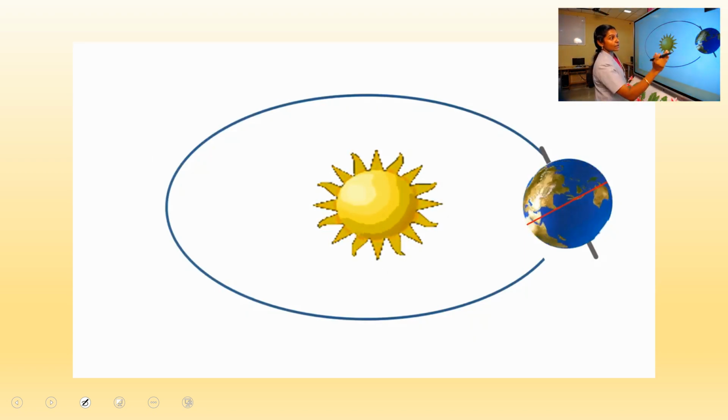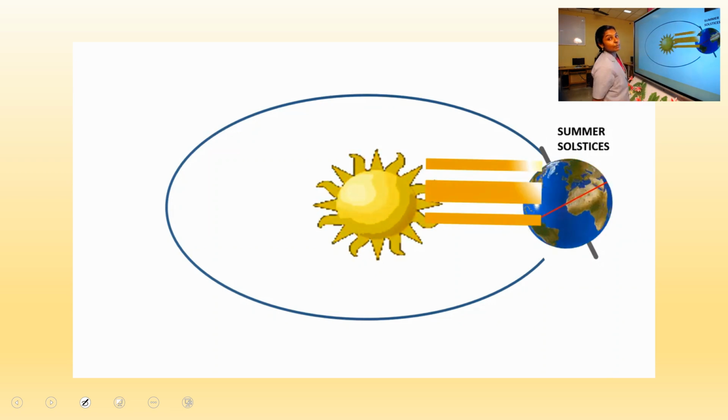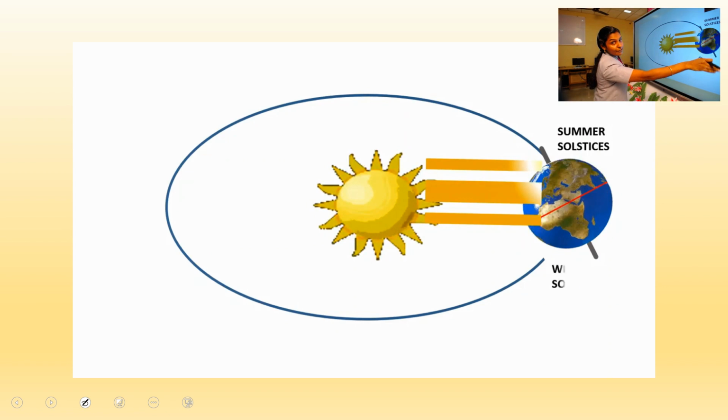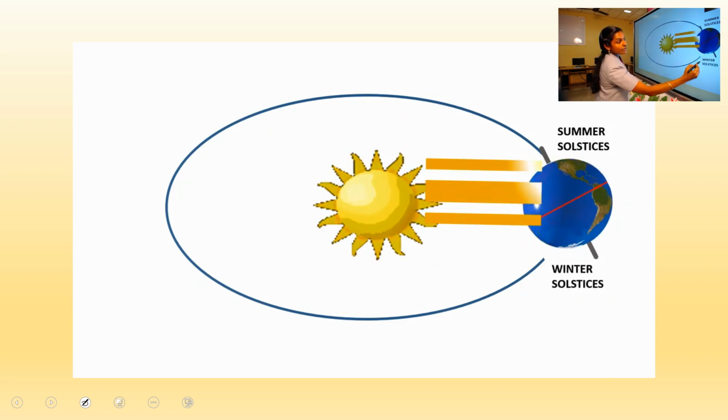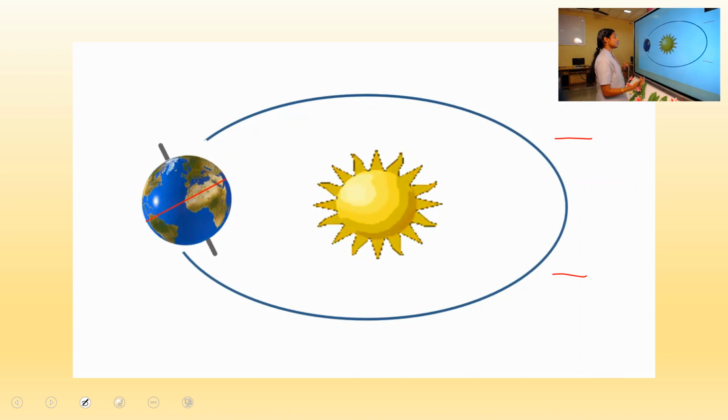See, the same is being shown. Here vertical rays fall on the northern hemisphere, so there is summer. In the southern hemisphere, it is turned away from the sun, so here it is winter. So the northern hemisphere has summer and it happens in June.